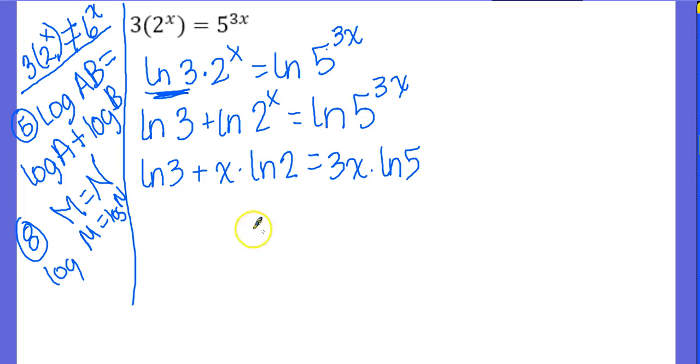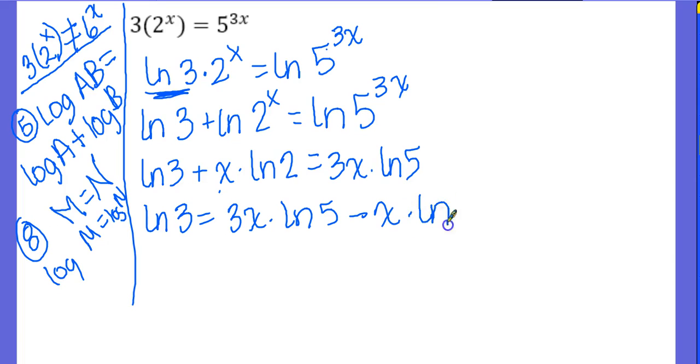But I do need them on the same side of the equation if I want to solve for x. So I would say that I'm subtracting this term and moving it over here. So natural log of 3 is equal to 3x times the natural log of 5 minus x times the natural log of 2. And that again is I'm just subtracting so that my x terms are on the same side of the equation.